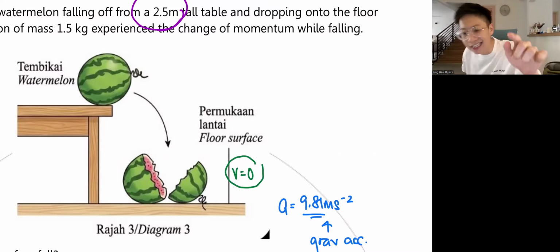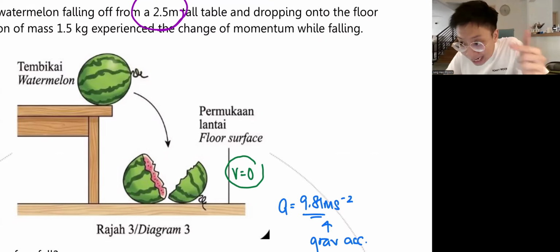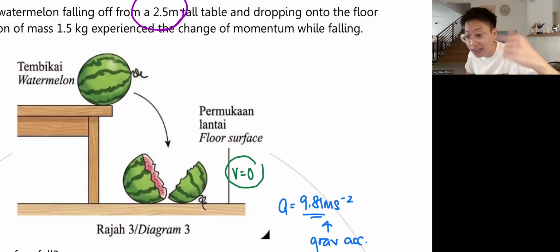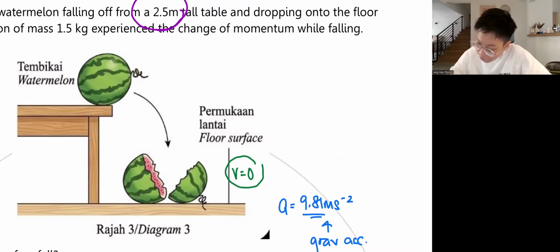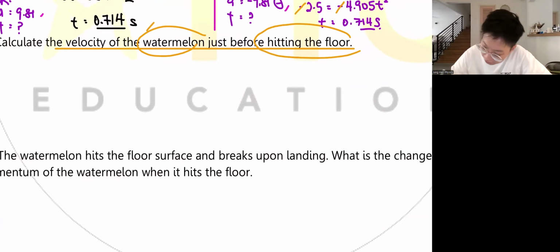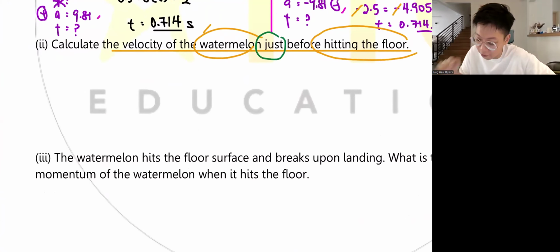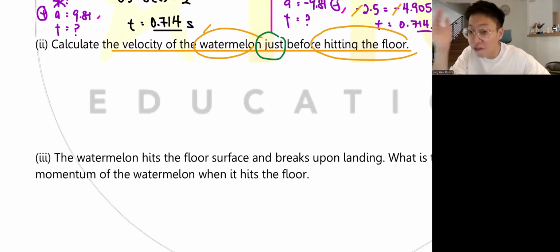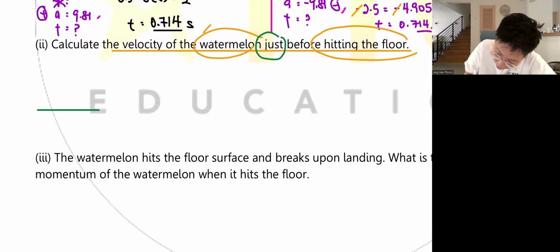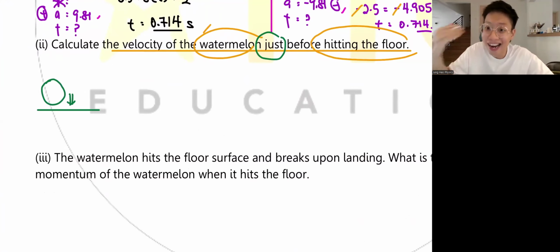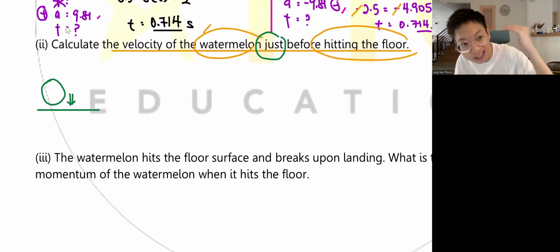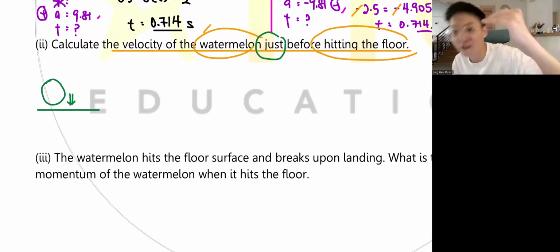But this thinking is wrong. Why? Because whenever we read the question, they will just say just before it hits the floor. I want to find the velocity of the watermelon as it is about to crash, to hit the floor.